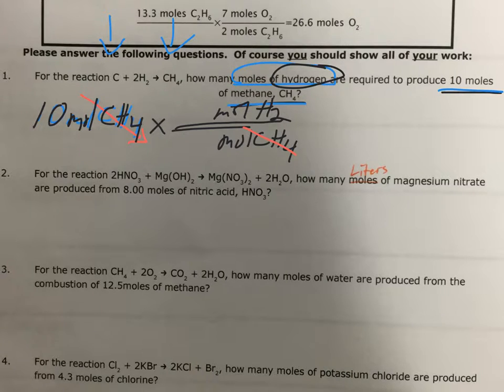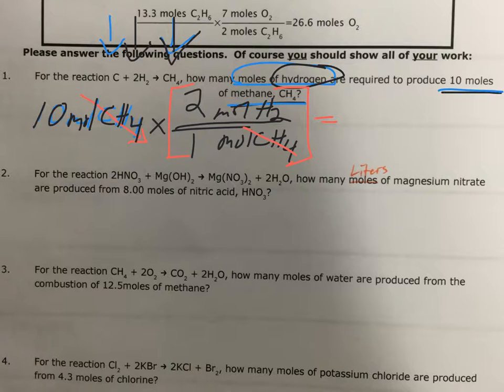Now remember, anytime you have mole to mole, where do I get those numbers from? The equation, very good. So what's my coefficient for hydrogen? 2. It's a 2. What's my coefficient for methane? 1. So all you do is, you're going to do what?